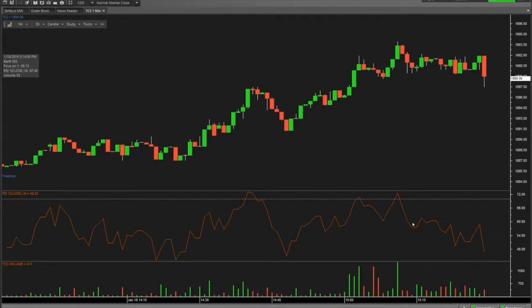And if you see around here, RSI pushed up, market pushed up, and right here, the price of the stock is kind of sideways. But if you look at RSI, what RSI is saying, there is no steam left in the market and it's a good time to sell the stock.